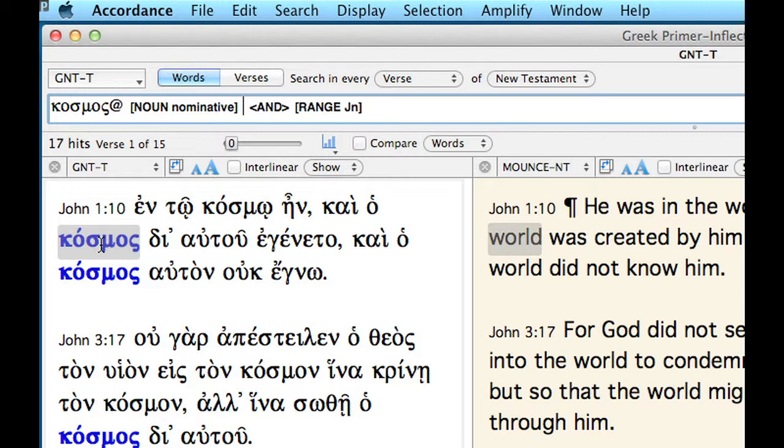What I perhaps wasn't clear enough about in the lesson was a scenario where the person is writing the Greek out and he needs to use cosmos as a nominative singular. In other words, he wants to use cosmos as the subject of a verb, and he's only going to talk about one world, so it has to be nominative singular. Now, in that situation, what I was defining as the inflected form is in fact identical to the dictionary form.